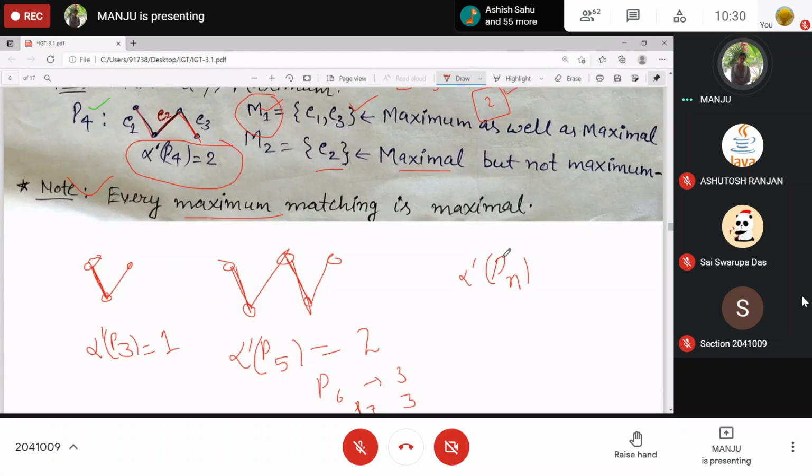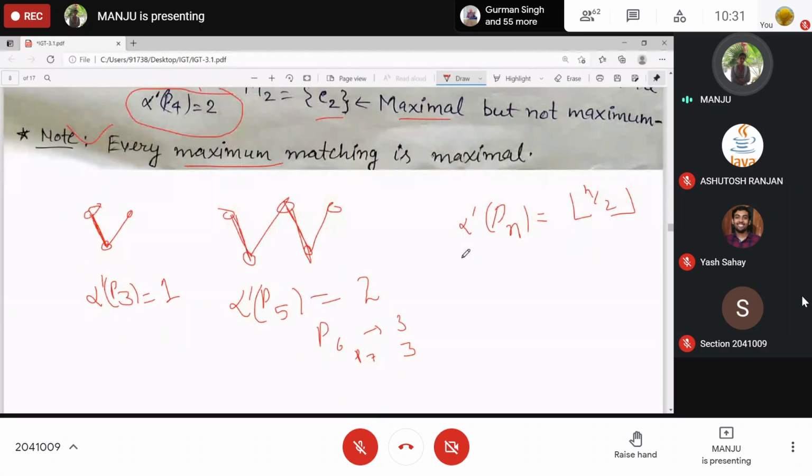So it is the floor function of n by 2. For P1 it is 0. That is the maximum matching cardinality, or you can say the maximum number of independent edges present in that graph. Clear? Matching tells that, and maximum means independent edges.